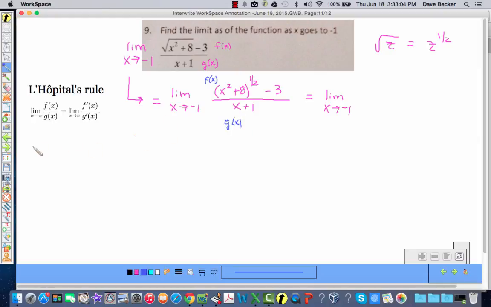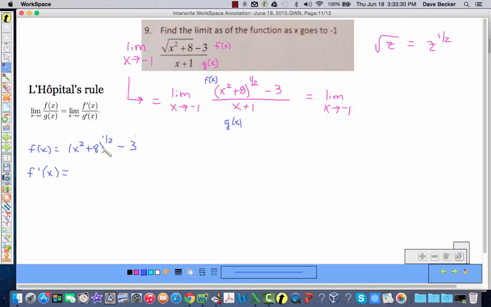So if f of x equals x squared plus 8 to the 1/2 power minus 3, then the derivative is equal to, and what I have is two different terms, and luckily I can find the derivative by taking the derivative of each of them individually. And the first term is x squared plus 8 to the 1/2 power.